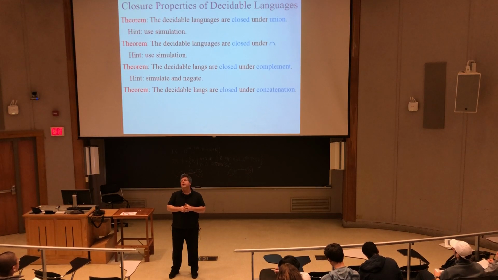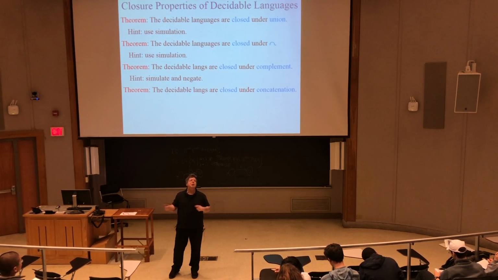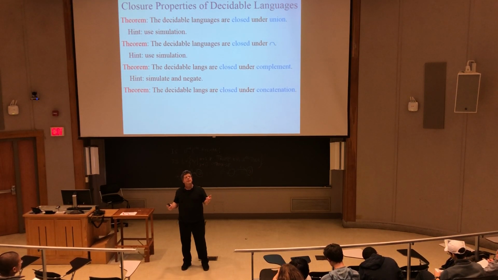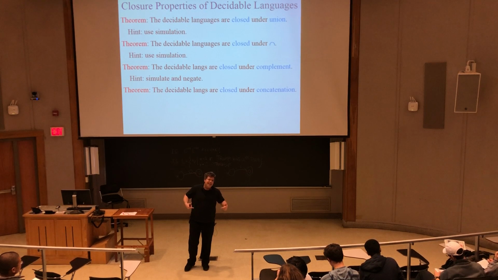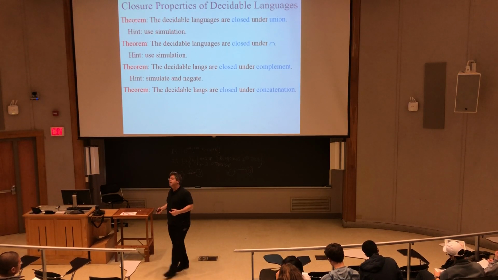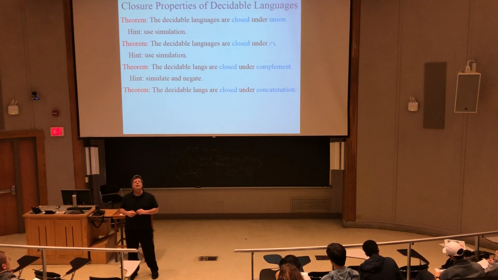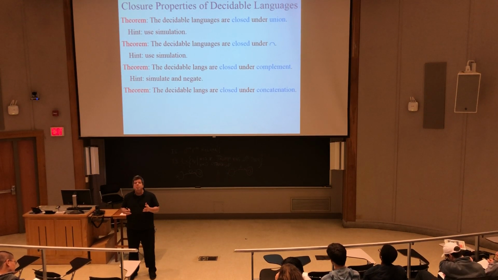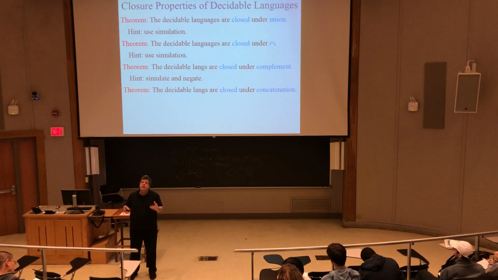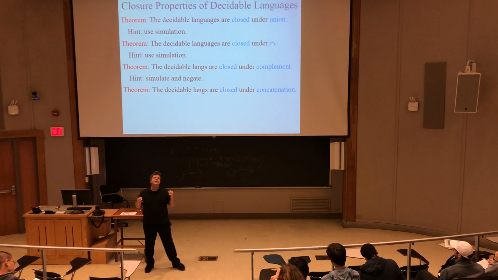How do you decide whether a string comes from the concatenation of two different languages, both of which are decidable? And if you can always tell whether it does or doesn't, you are deciding their concatenation, which means concatenation preserves decidability. It's a closure property. Maybe I psyched you out by saying it's not as easy as the first. It's still easy, just slightly more sophisticated than the first three.